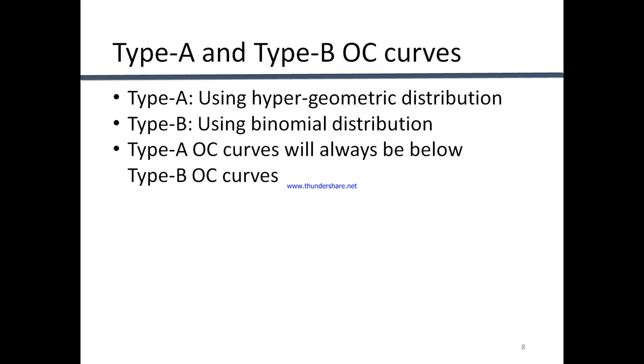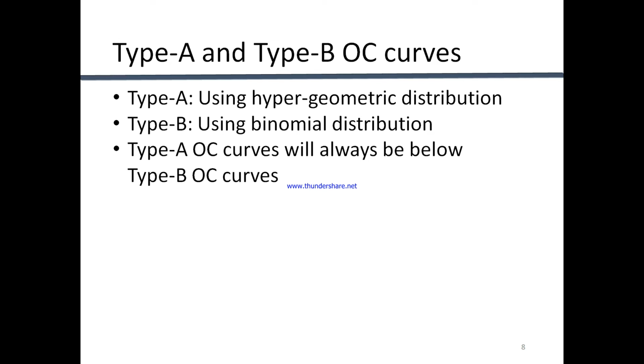Since we know the lot size, you can apply the hypergeometric distribution to calculate the probability of having zero, one, or two defectives, and then calculate the probability of accepting the lot. If you use the hypergeometric distribution to calculate the probabilities of the OC curve, we call it a type A OC curve.